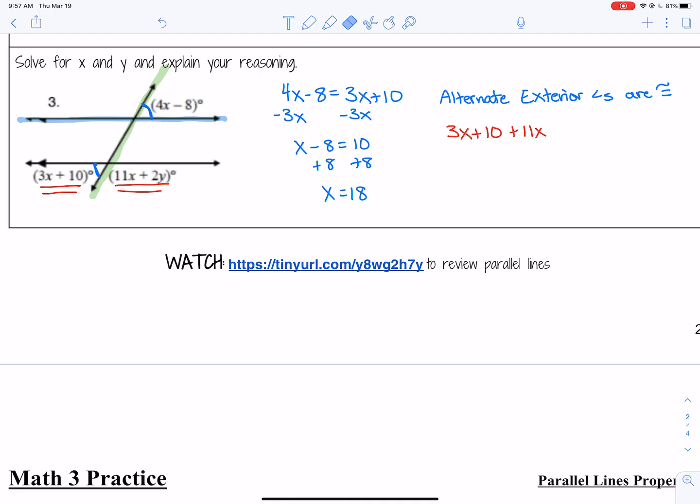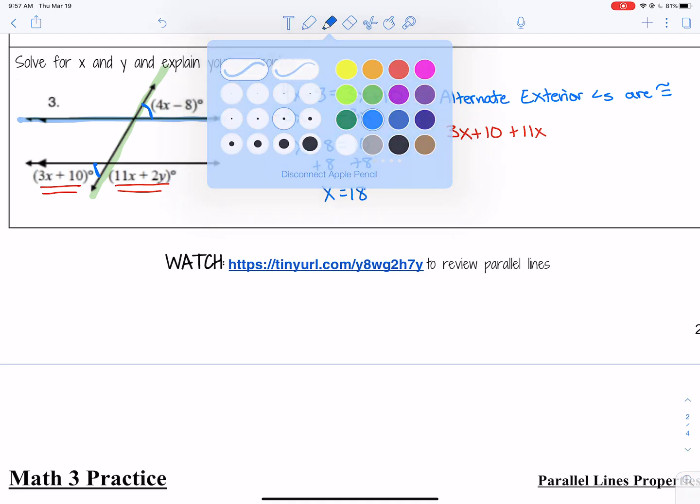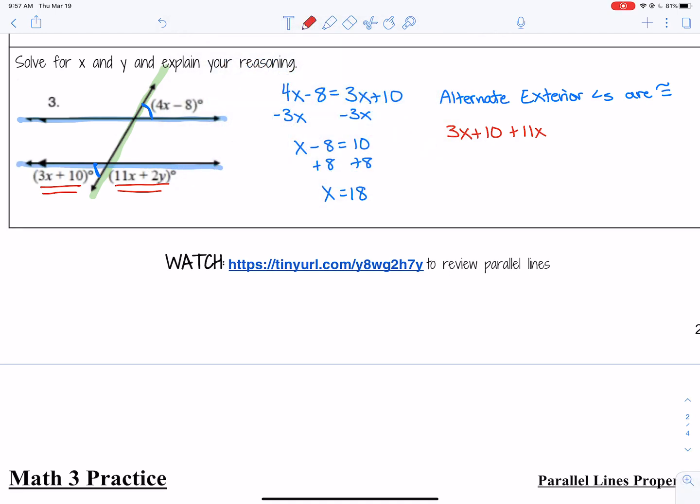Can't read that. Let me move that out of the way for a second. Okay, make sure I got it all. 3x plus 10 plus 11x plus 2y would equal 180. But we know x equals 18, so that's going to certainly help us simplify some things. All right, so we have 3 times 18. Hold on one second.